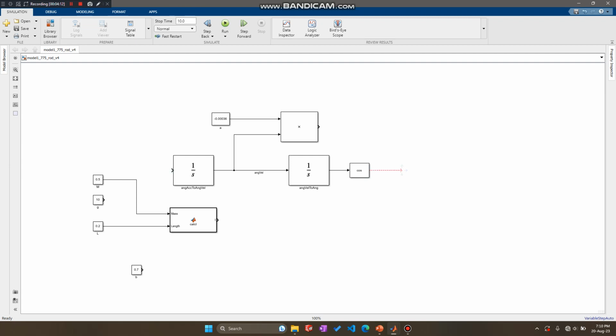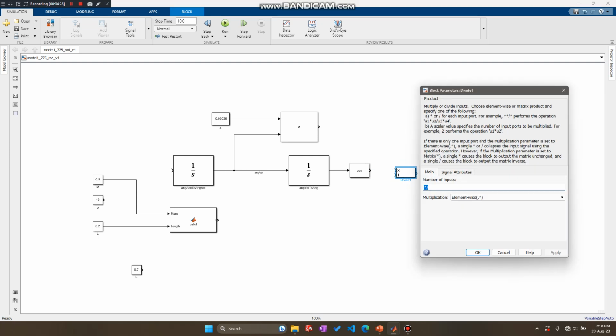So the output of this would be cos theta. And what I need is a multiplication of cos theta with m, g, and l. So once again, I'll bring in a divide block and modify it so that it will facilitate the multiplication of 4 numbers. Erase what's already here by default and specify for 4 multiplication signs.